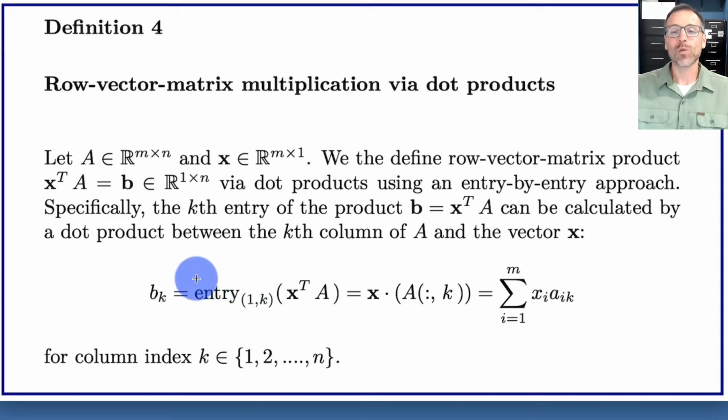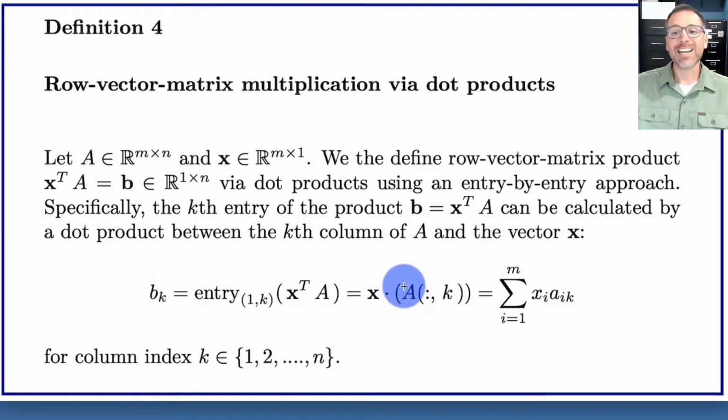In mathematics, we write B sub k, in other words, the entry in row 1, column k of the product x transpose times A, is going to be equal to the column vector x dotted with the kth column of A. Notice that the column index on A matches the entry number for the output we desire.